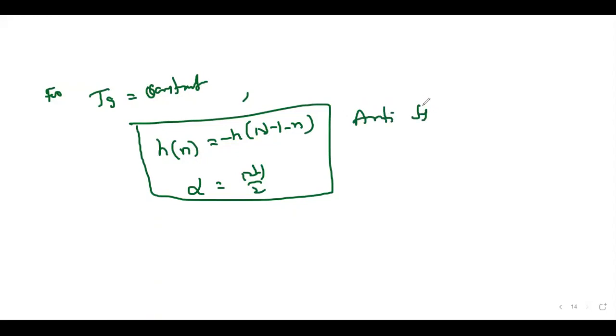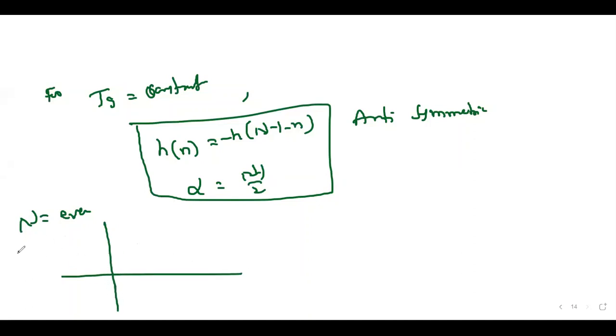From this condition we can understand the impulse response is antisymmetric. So the antisymmetric h of n will be depending on n value. If n is even case, the antisymmetric h of n is like this.